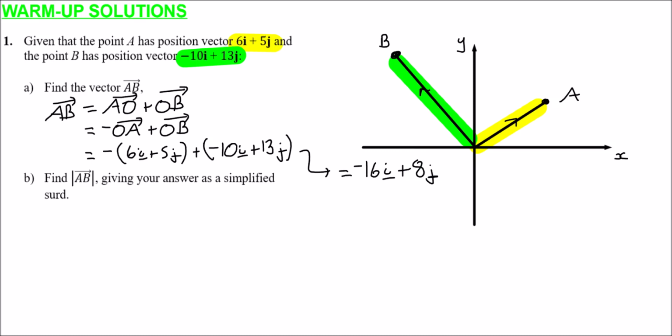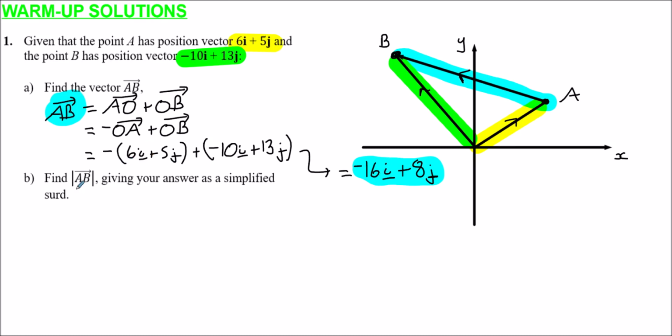And we can see this, so AB is from here to there like so, and so this seems to be making sense. So from A to B we are going to the left and we're going up, so the sketch helps us to see that what we've got here is reasonable. That does make sense, and in fact I can assure you that is the correct answer to this one.